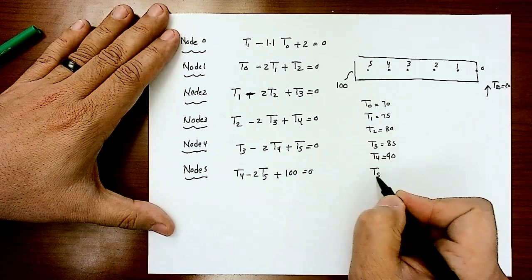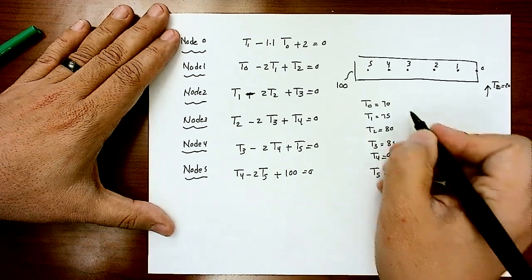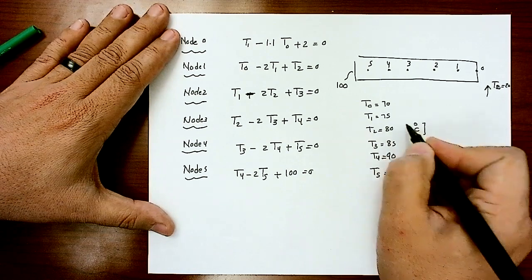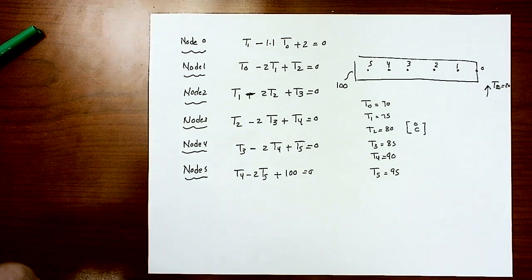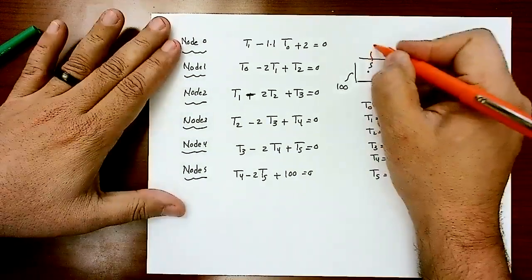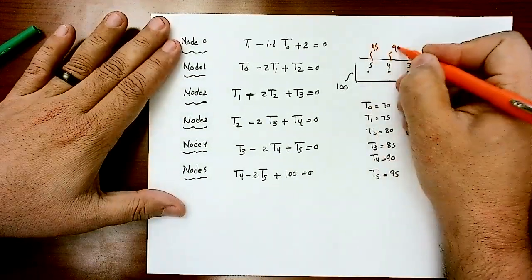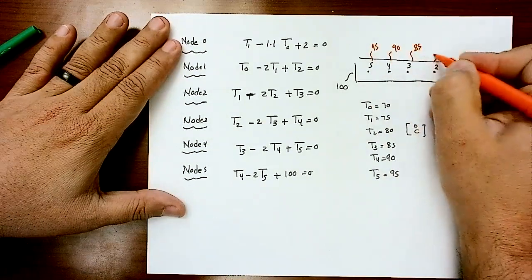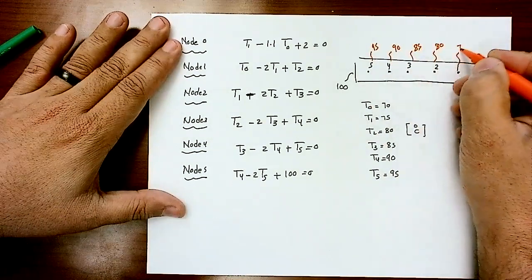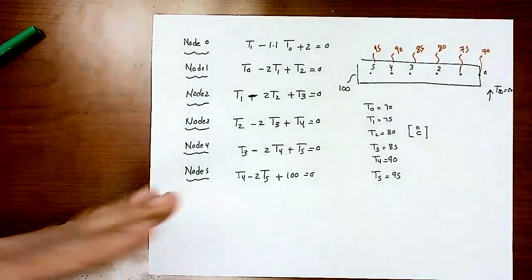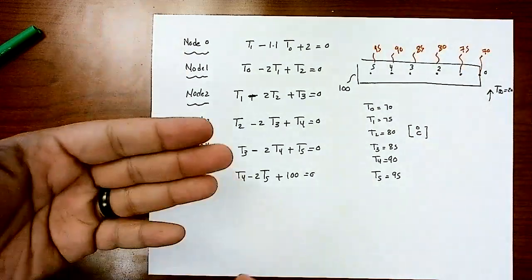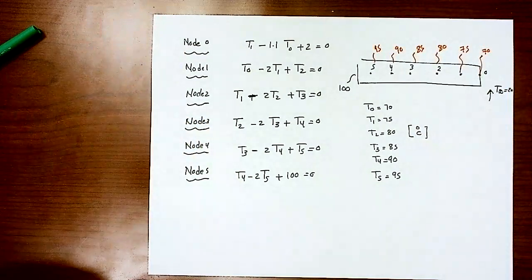And T5 is 95. These are all in degrees C. So this is 100, 95, 90, 85, 80, 75, 70, then the 20. Again, temperature seems to be linear within that body, right?